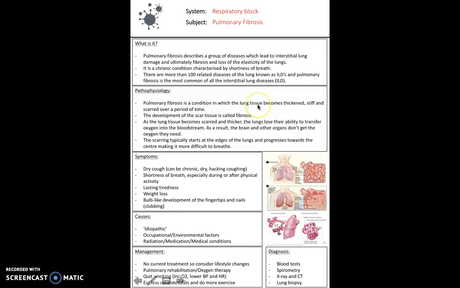So the lung tissue becomes thickened, stiff and scarred, which causes an inability to expand as well as it should, and therefore it's difficult to transfer oxygen into the bloodstream. Consequently, vital organs don't get the oxygen that they need in order to function. Symptoms, you'd expect them to have a dry cough, shortness of breath, lasting tiredness, weight loss, and potentially clubbing of the fingernails and fingertips. That's something that's quite characteristic of certain respiratory and cardiac diseases.